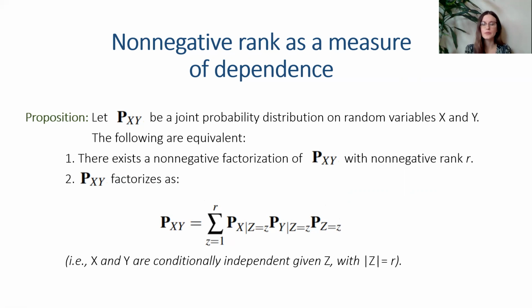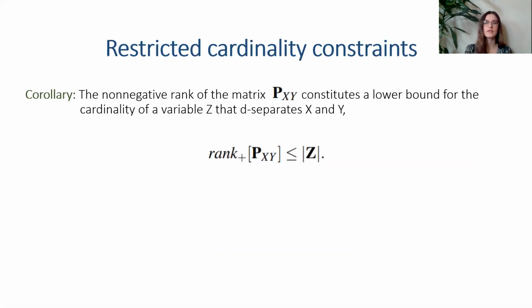Okay, so we have a connection between non-negative rank and conditional independence. What I said at the beginning of my presentation is that in graphical causal models, conditional independence is captured by d-separation. So we can take this proposition and interpret it using causal reasoning. What we have is the following corollary. The non-negative rank of the matrix P constitutes a lower bound for the cardinality of a variable z that d-separates x and y.